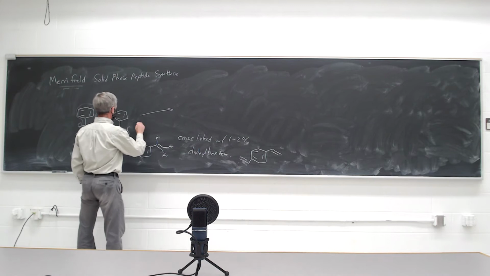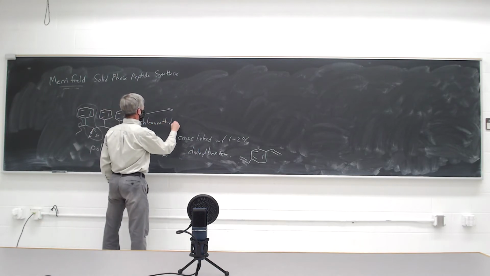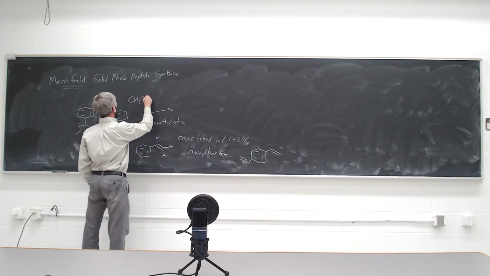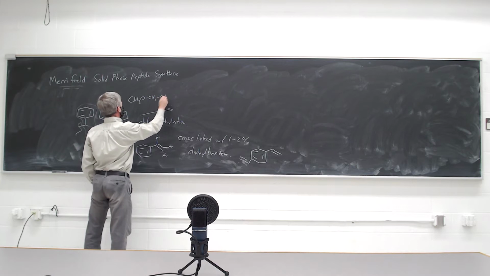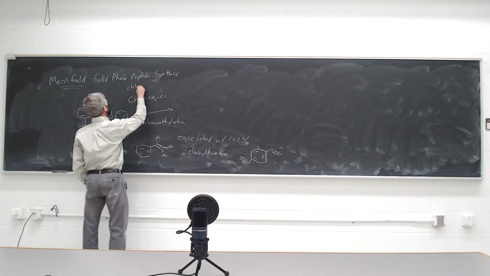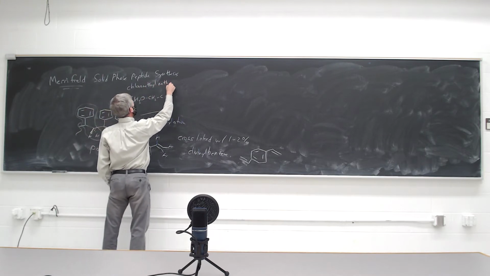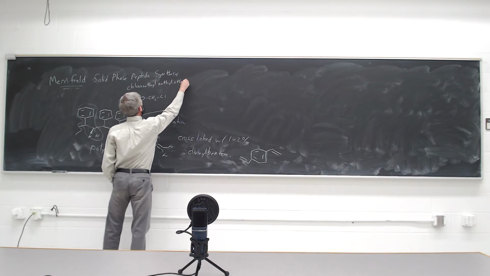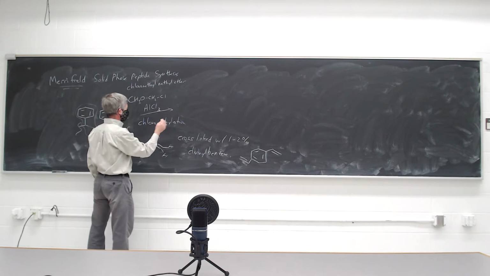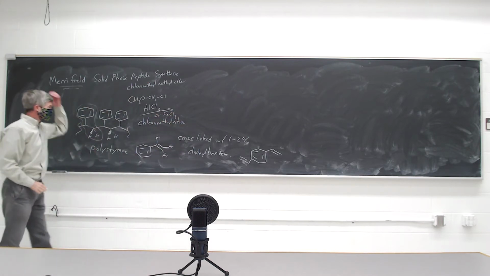So the first step is chloromethylation, using a really nasty reagent, chloromethyl methyl ether, and a Lewis acid catalyst like aluminum chloride or ferric chloride or some other Lewis acid catalyst.